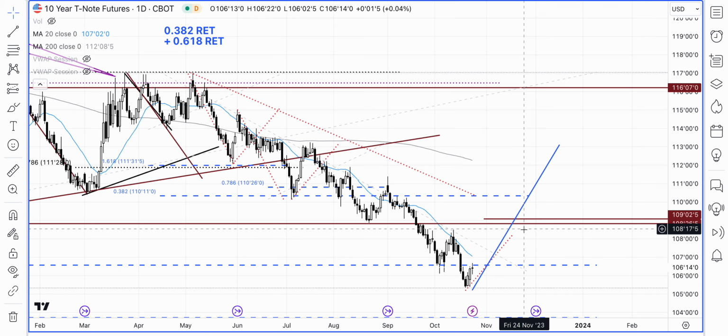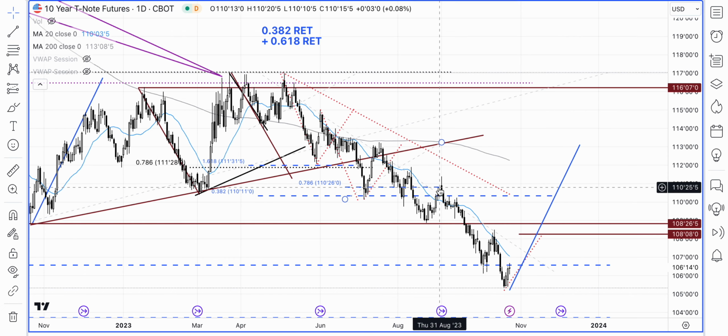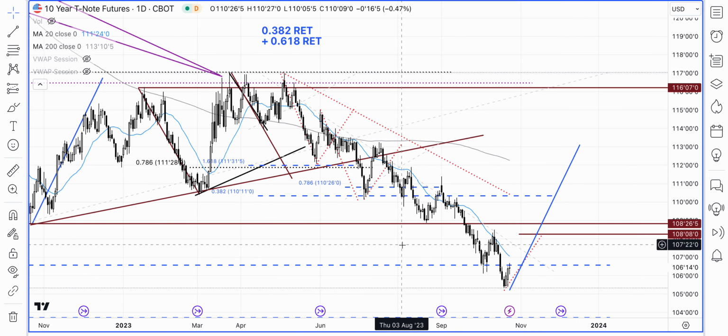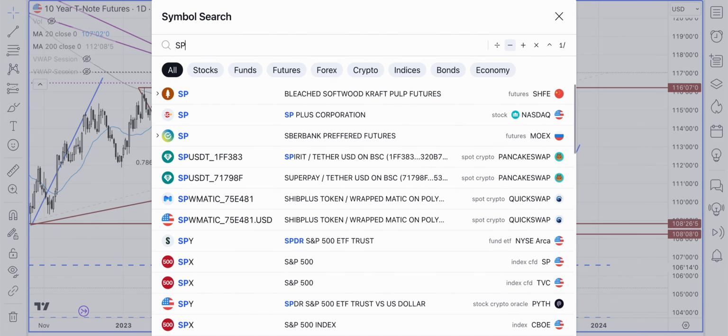One of the key things we're watching for is that initially this market could rally to about 108, 108.05, and if it begins to move higher than this level, that will be an indication that this rally might have legs, and maybe the market might in fact have turned. So this is what we are looking at in the bond futures markets.